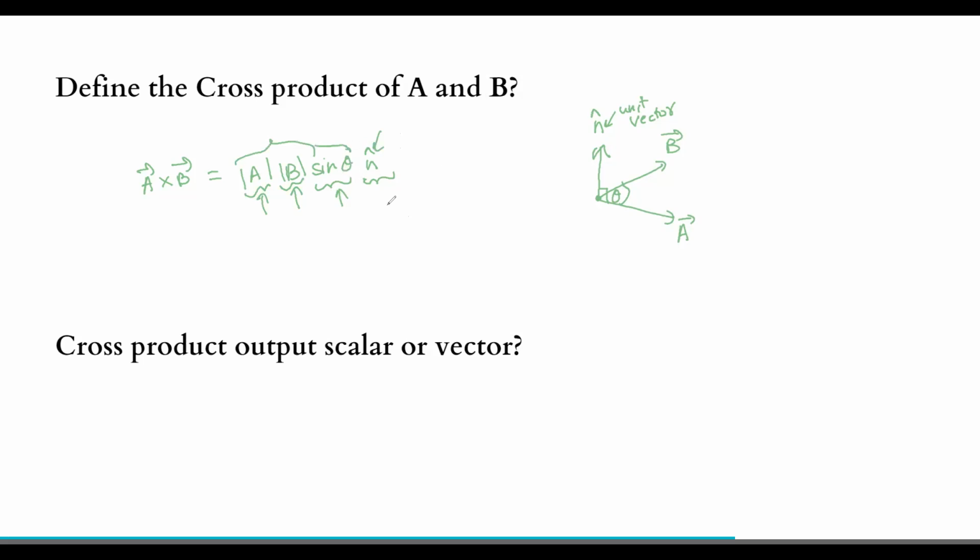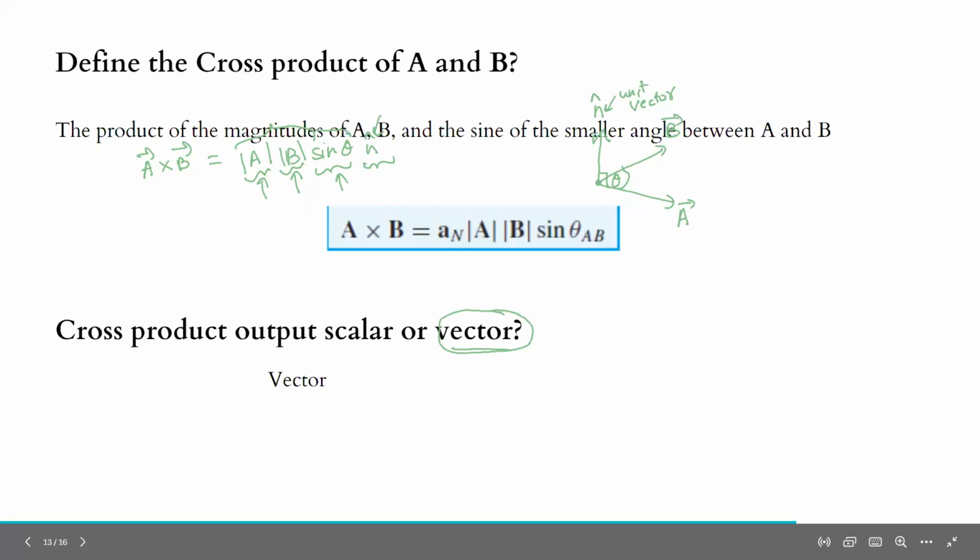So apart from the dot product, the unit vector added here makes this a vector. So we can define the cross product using these equations, and we can say that the output of the cross product is a vector.